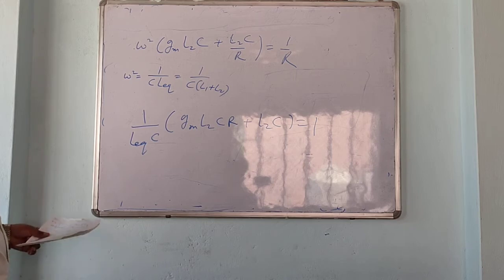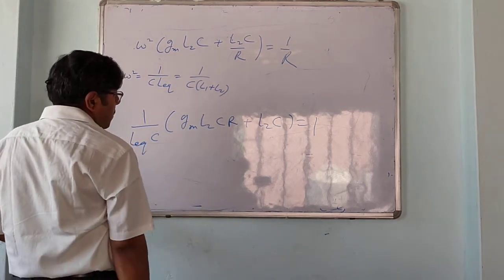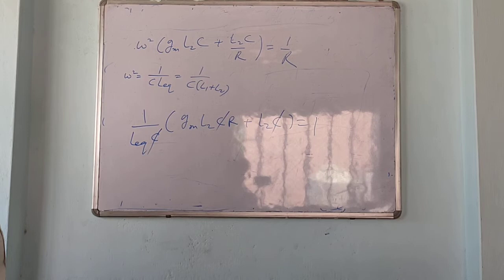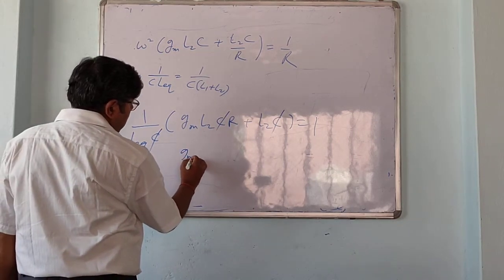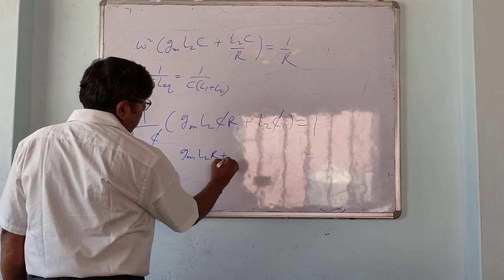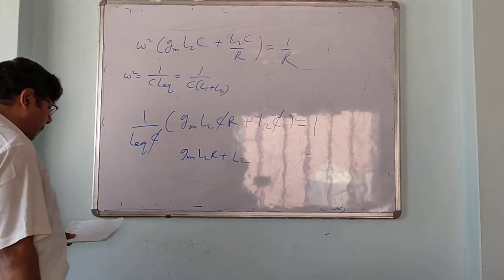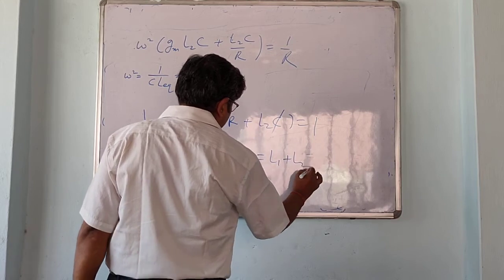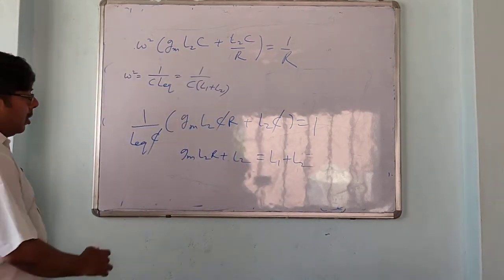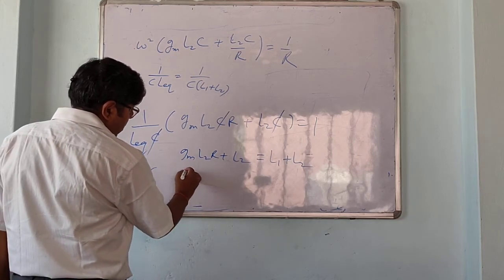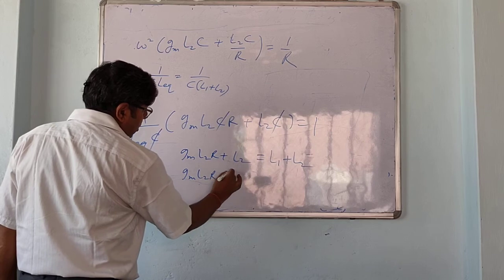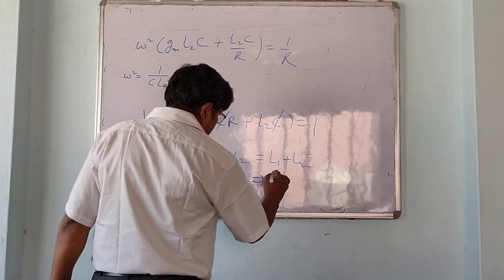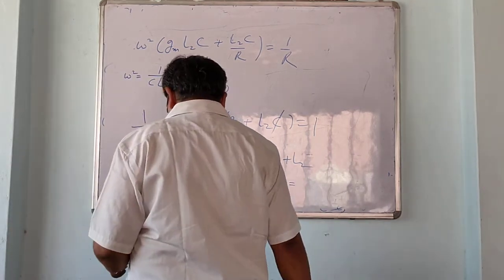From here, C is cancelled out, and the expression is Gm L2 R plus L2 over L equivalent, equals L1 plus L2, or this is Gm L2 R equals L1, and from here L1 upon L2 is given by Gm.